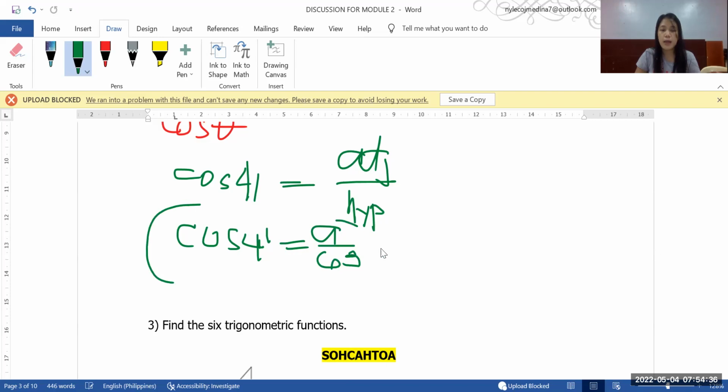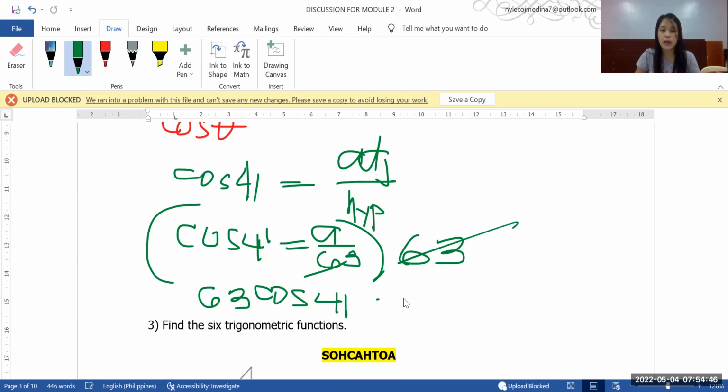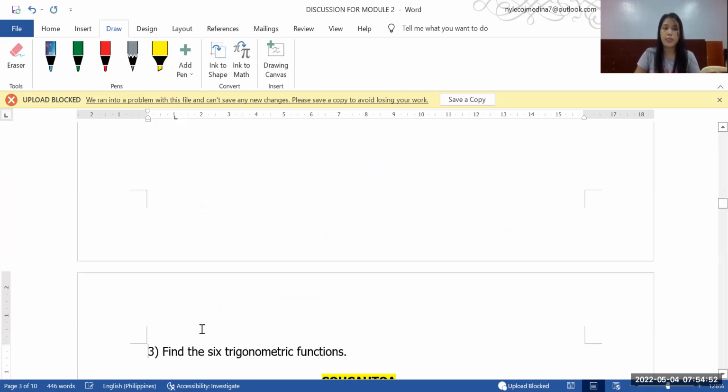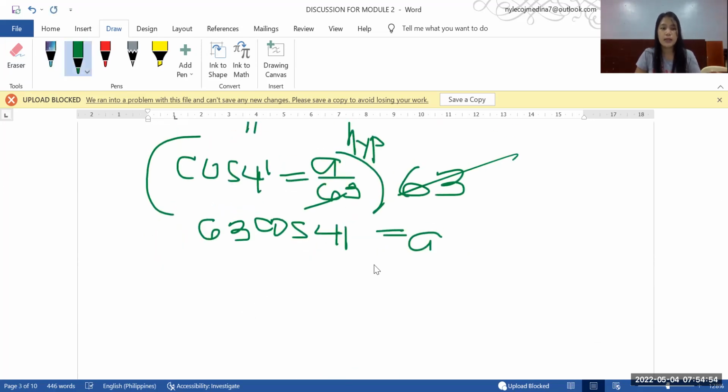Again, we multiply both sides by 63. Kaya magiging 63 cosine 41, may cancel na, magiging A. And then we are now ready to find the value of A. So again, using your calculators, i-input ninyo 63 cosine 41.